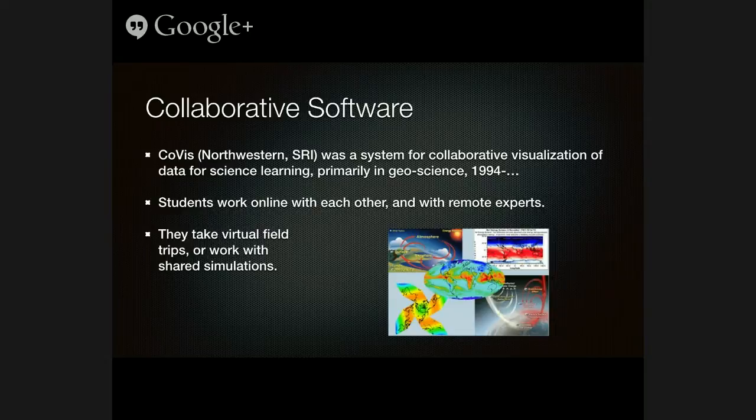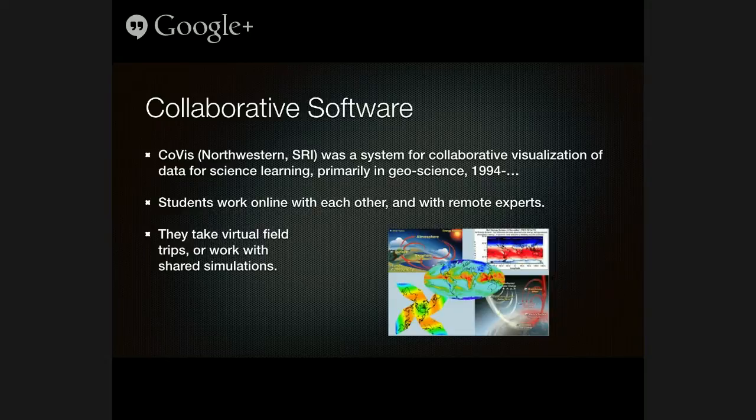If the teacher is not better informed about a topic than the student is, then it's impossible for learning to happen unless the teacher has artifacts that are better informed, but that tends not to work out very well. And so there was this push towards collaborative software where students could be put directly in touch with experts.